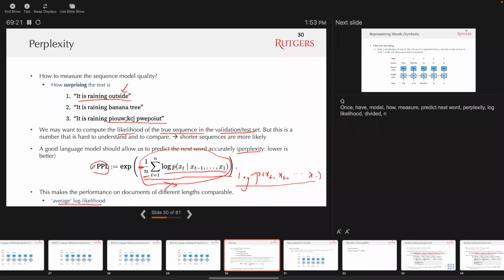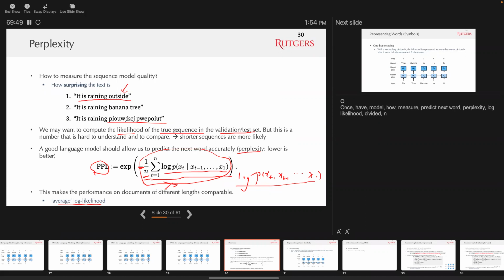Perplexity basically means you can think of it as how confused the model is. This is literally what perplexity means. If the model is less confused, that means the model is better. If the model has lower perplexity, the language model is actually better. So to summarize, you can use perplexity to measure how good your language model is.